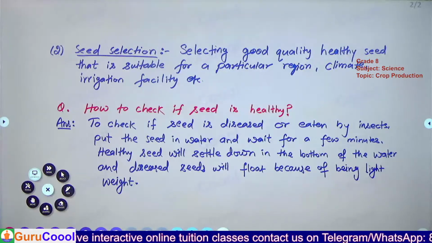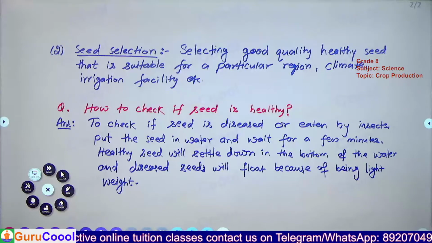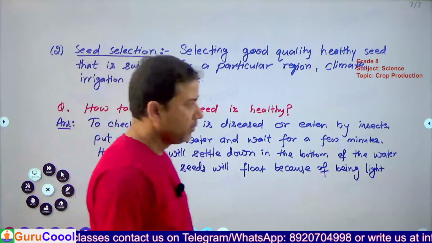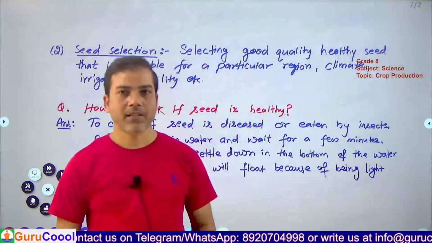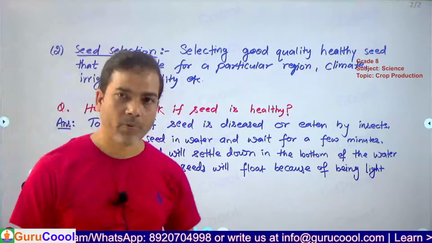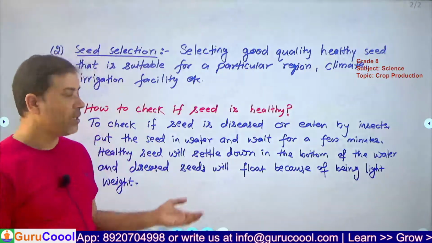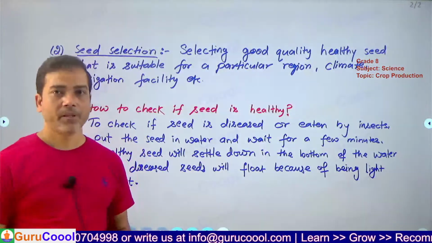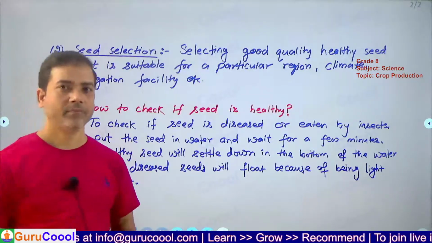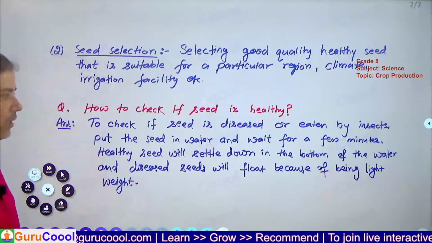What is that? Why are diseased seeds lighter? A seed is diseased because of some bacteria, some insect, some type of germs. So it is mostly eaten inside, and that's why it is lighter. Got it?